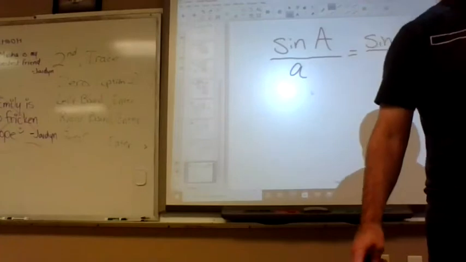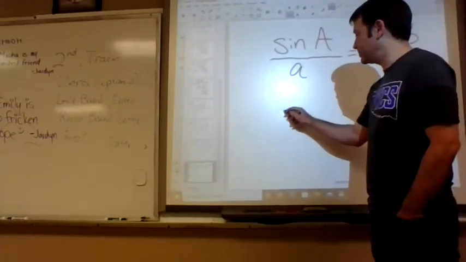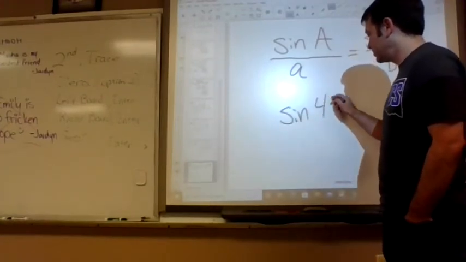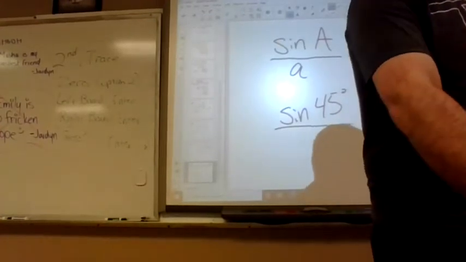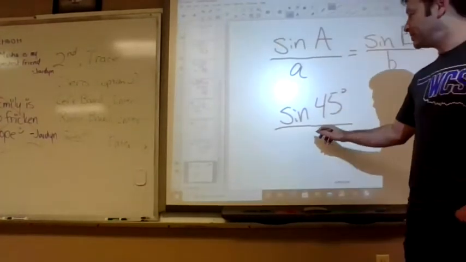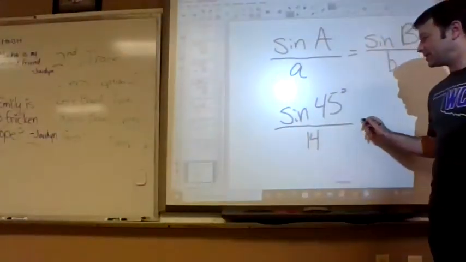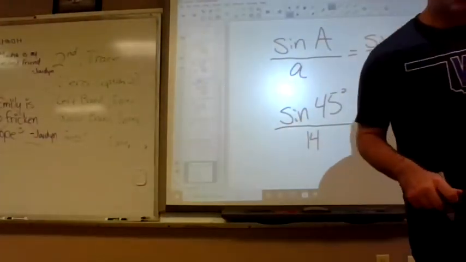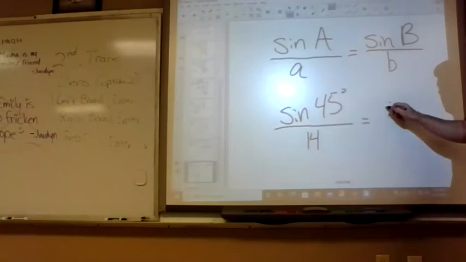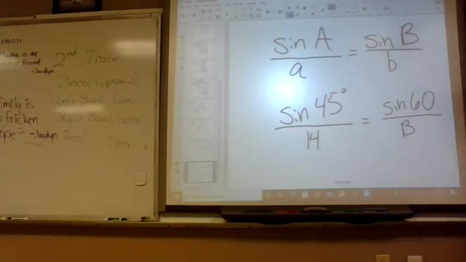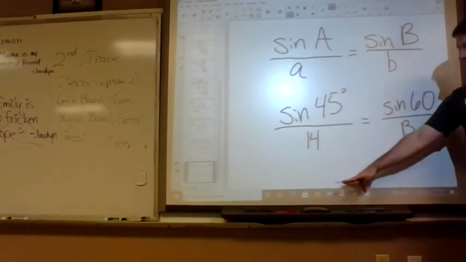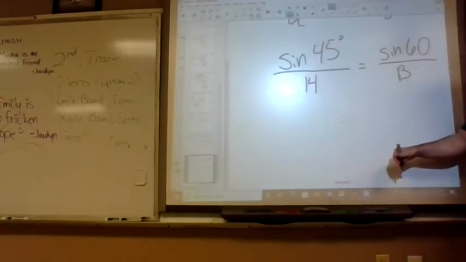Okay, number 3. So it's sine of 45 degrees. Wait, did we do number 1? No. Over 14. So sine of A over side A equals sine of 60 over B. Okay. How do I solve when we have 2 equal fractions?